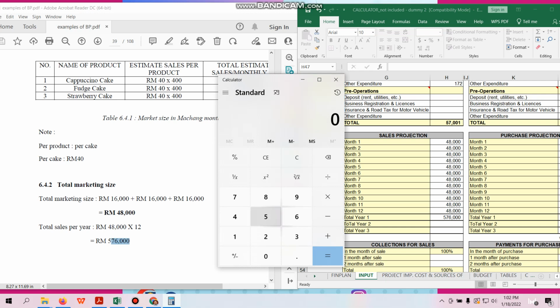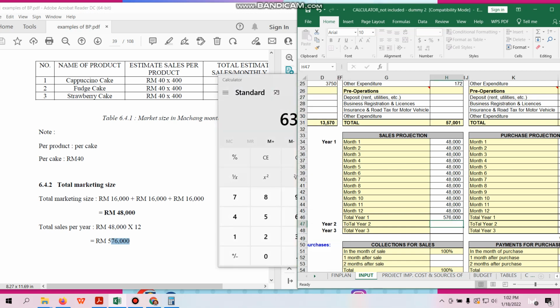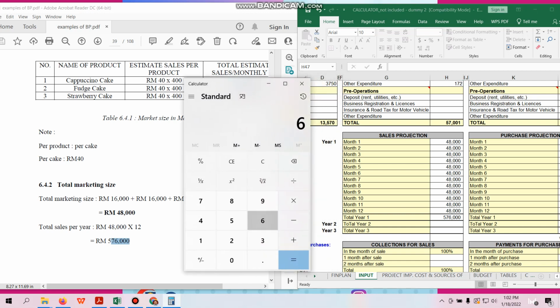What you do is basically 576,000 times 10%, 0.1, and then add it to the original number that you have here, 576,000. So you will generate about 633. Sorry, that one is not right. I forget the numbers just now. Sorry.